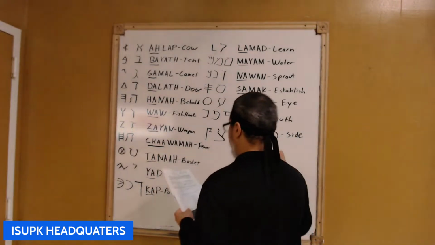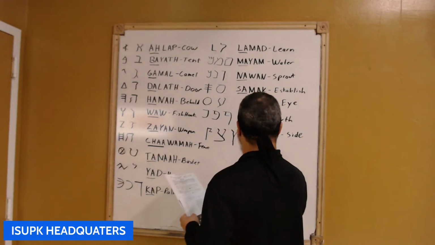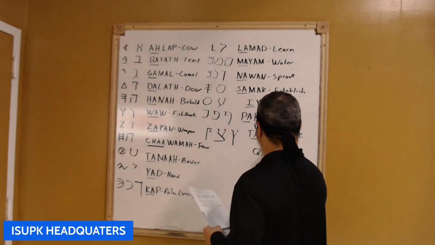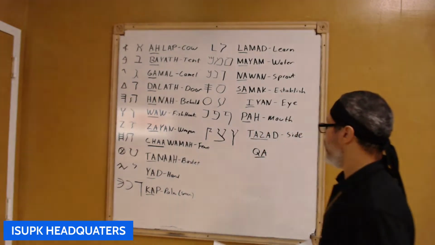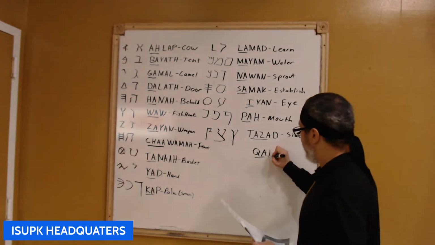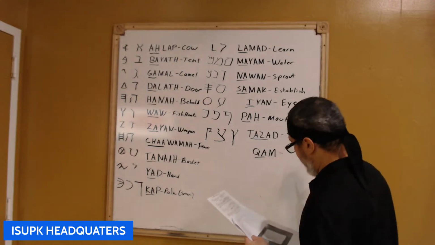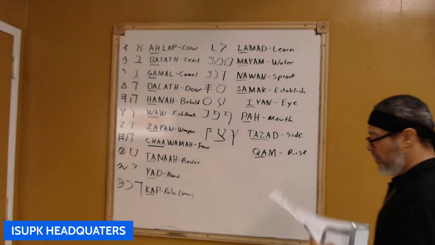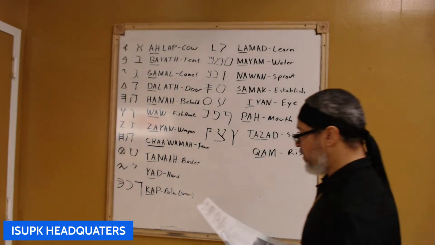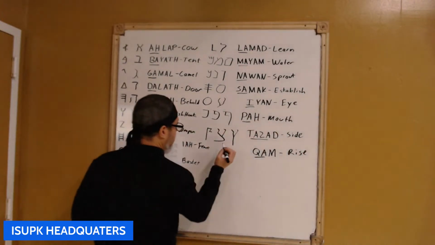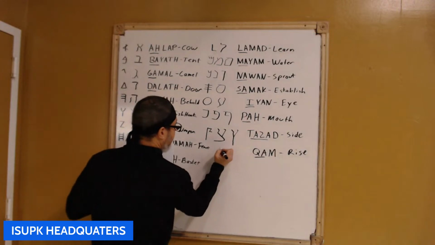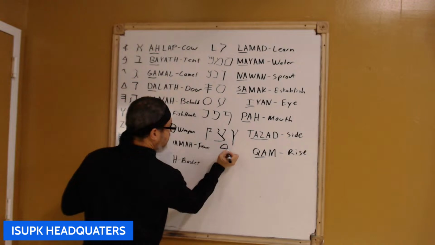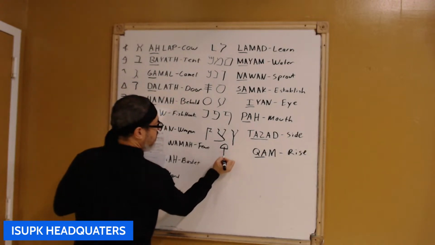Next we have the qua sound, which is actually part of Hwam, which means rise. So in the ancient, think of a sunrise. You have a line across, like the sun, then a line coming down.